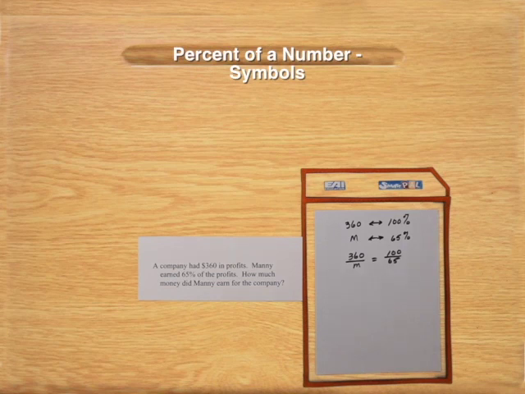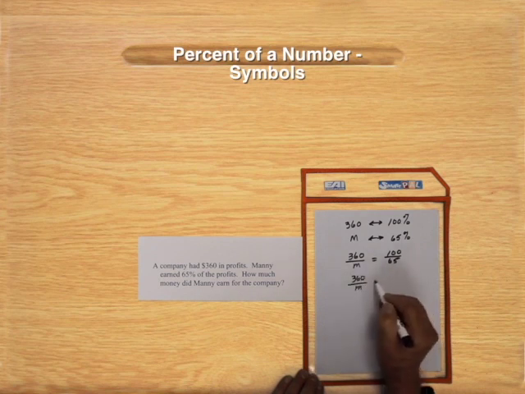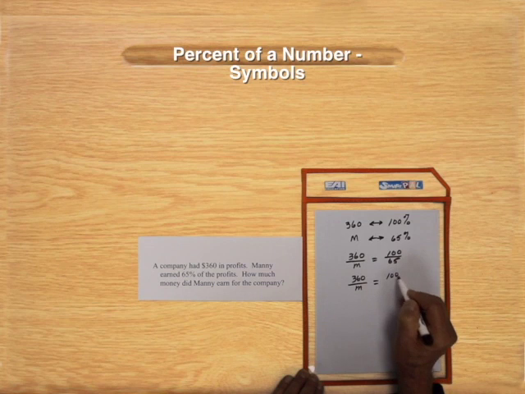So now let's solve this proportion. The first thing we do in solving this proportion is we multiply both sides by 65 and by M. So we have 360 over M equals 100 over 65. That's our equation.